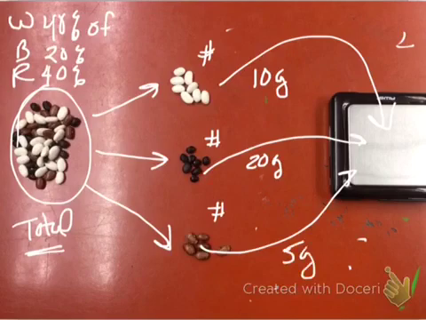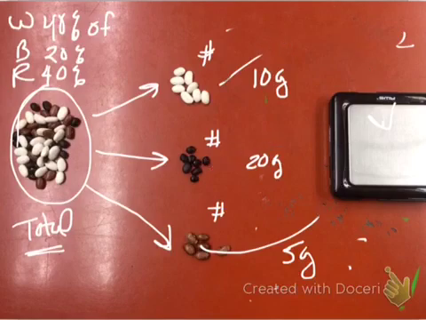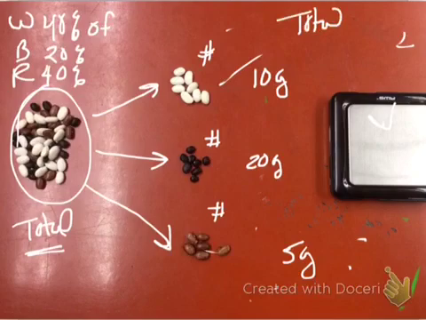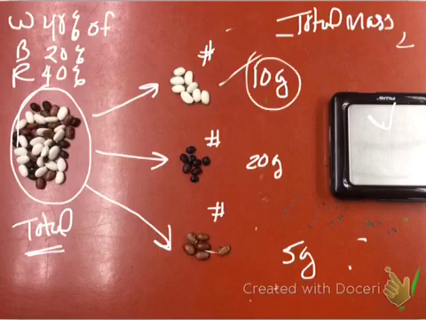Now, I need to know the average mass. I know the mass of all those beans, but I need to figure out the average mass of each bean. So that means I'm going to take the total mass of each group, and I'm going to divide it by the number of beans.